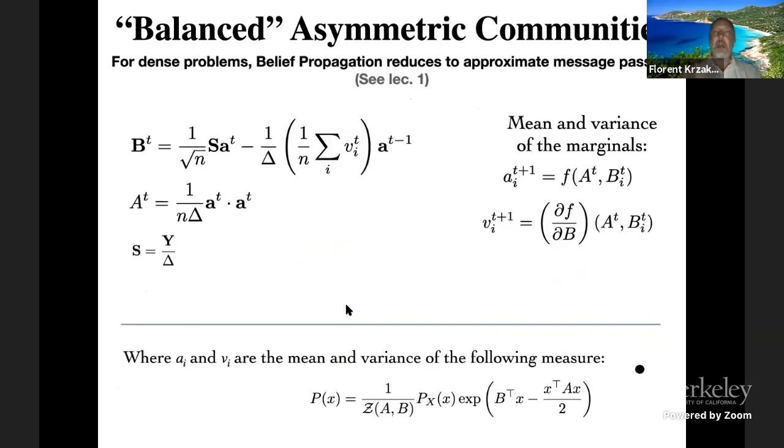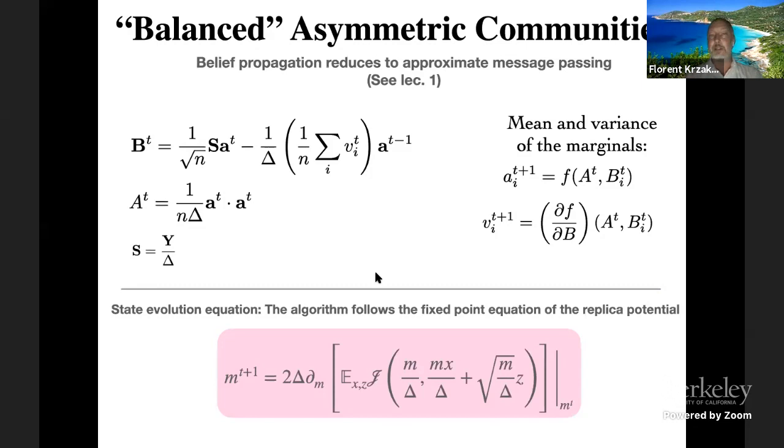Now, why am I speaking about this problem? Well, because in that case, belief propagation can be written in a much simpler way, which is called approximate message passing. And it's just an iterative algorithm, which you already saw yesterday, okay? I will not go into detail, but the important thing about approximate message passing is that, as we discussed yesterday, it's an algorithm that is really just trying to find the fixed point of the replica potential.